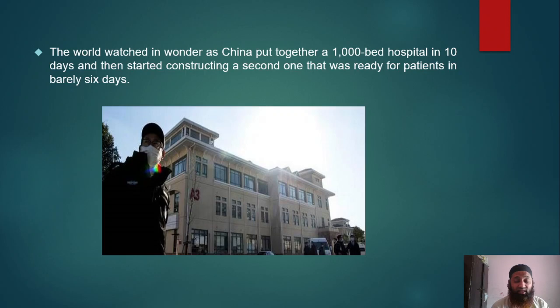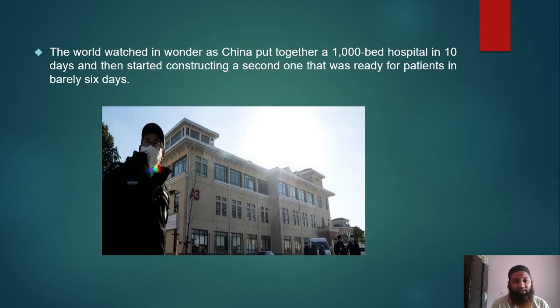And next, the second hospital was ready in barely 6 days. You can see, a hospital of 1000 beds capacity was constructed in just 10 days. It is a very big achievement, and it was made possible with modular construction only.